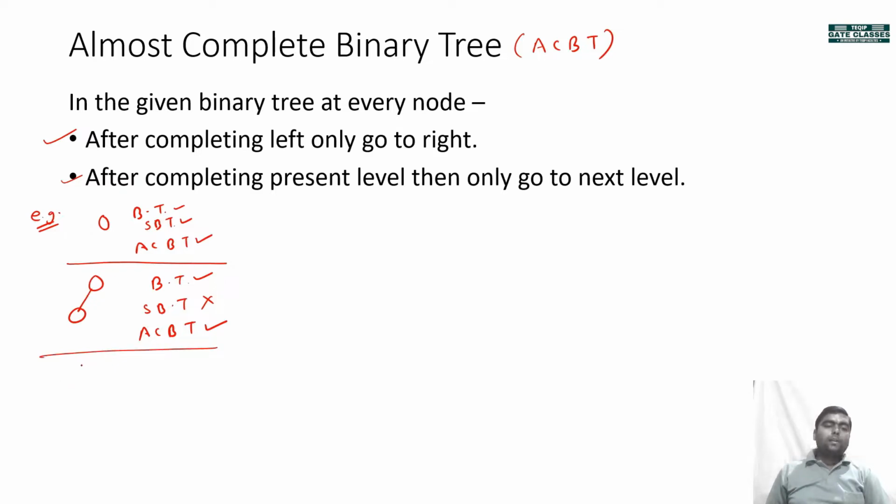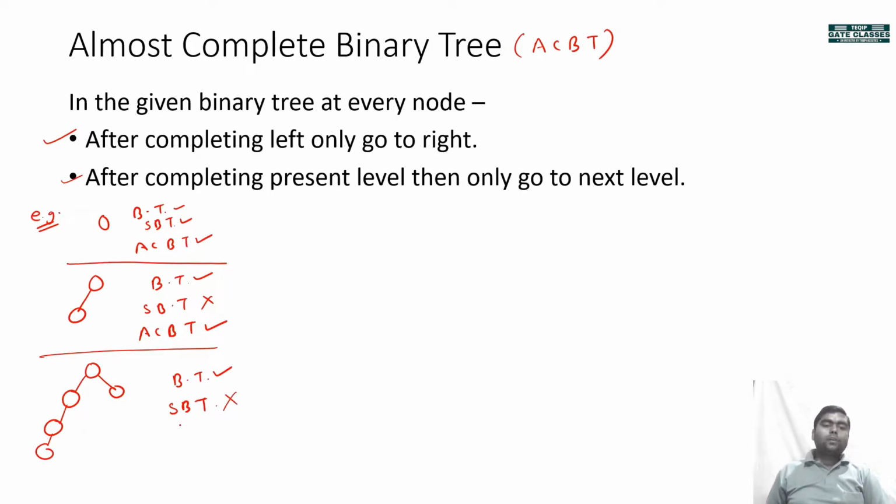Now take one more example. Say this, this and this. This is a binary tree, and it is not at all a strict binary tree, because it is failing at a few particular nodes.